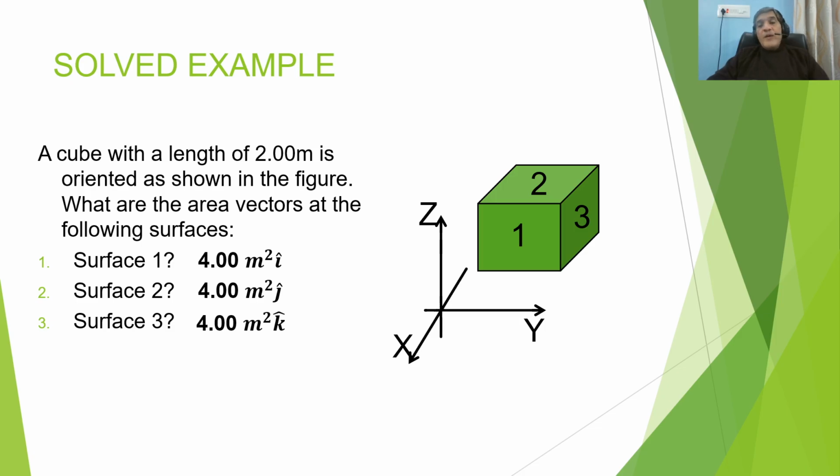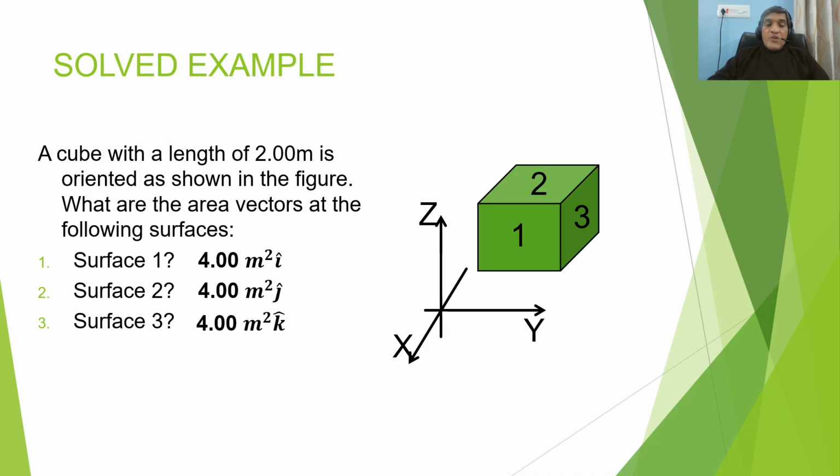For surface 3, the printed answer of 4 meter square k is wrong. The correct answer is: for surface 3, the area vector is perpendicular to the surface, the direction comes out to be the y direction, and the answer is j. So for surface 2 and surface 3, the answers are interchanged.